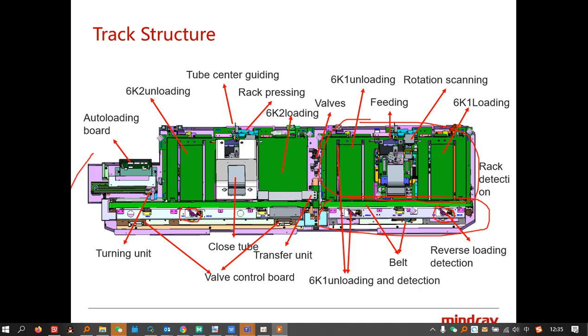And this part is used to transport the rack from the outer tracks to the autoloader of the SC120.